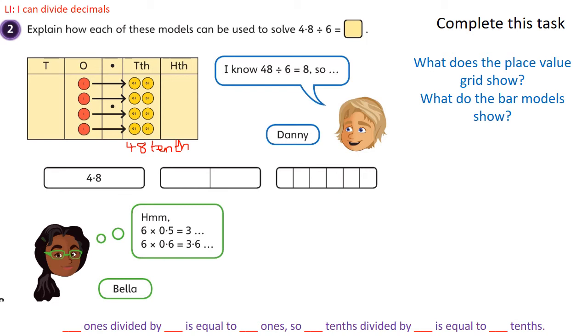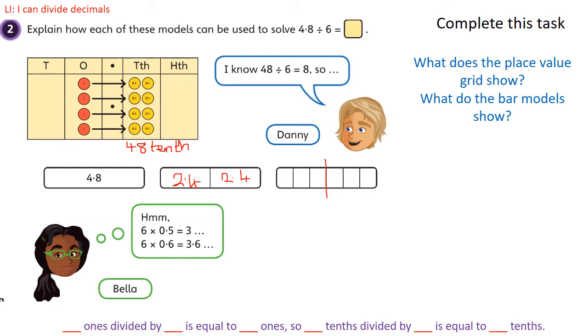Now on this second model here, we've got a number of bars. So what's Bella done? Well, Bella has got her 4.8 bar and she's divided that into 2. So that means each half is going to be worth 2.4. She's then divided each half into 3 sections.